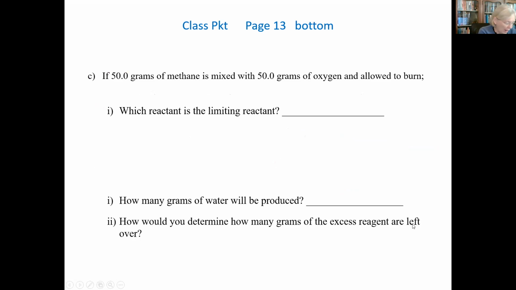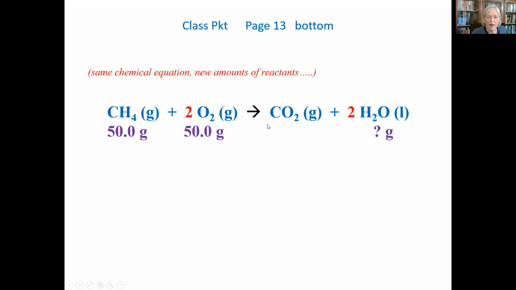Now C on the bottom, if you write the equation over again, you'll see that it's the same balanced chemical equation, but now you're being given 50 grams of methane and 50 grams of oxygen. Write the balanced chemical equation and put these two numbers underneath methane and oxygen.